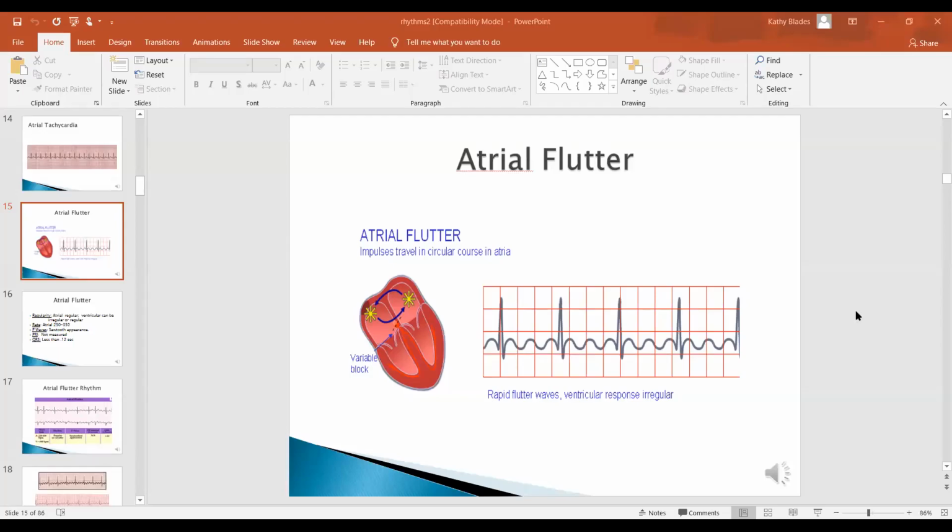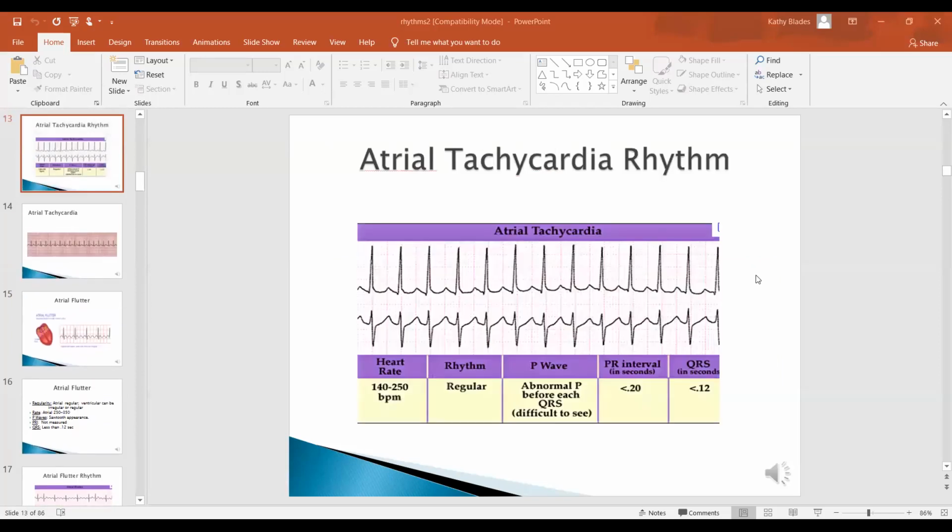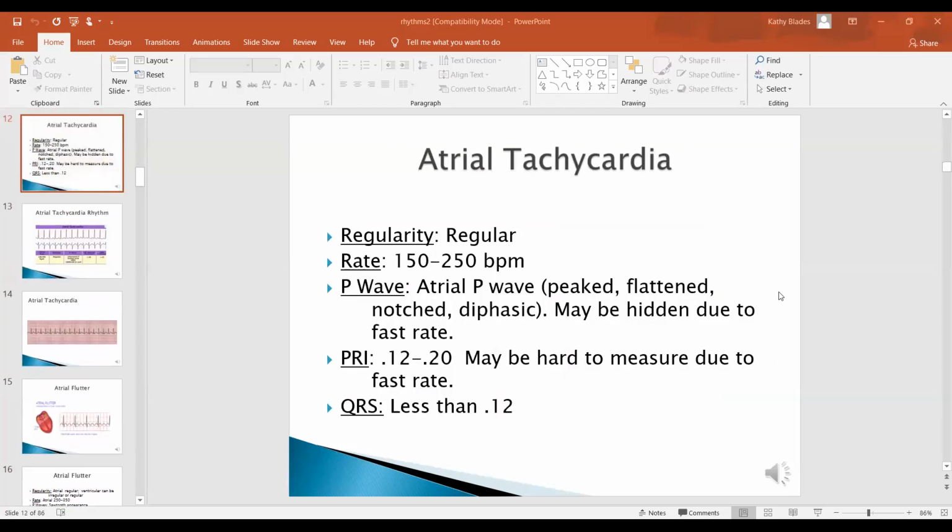So if you remember on the other video when we were talking about normal sinus rhythm or sinus rhythms, and you go through those 5 steps of figuring out a rhythm, then the difference with this is atrial tachycardia, but the P wave, the atrial P wave, peaked, flattened, notched, or diphasic, may be hidden due to the fast rate.